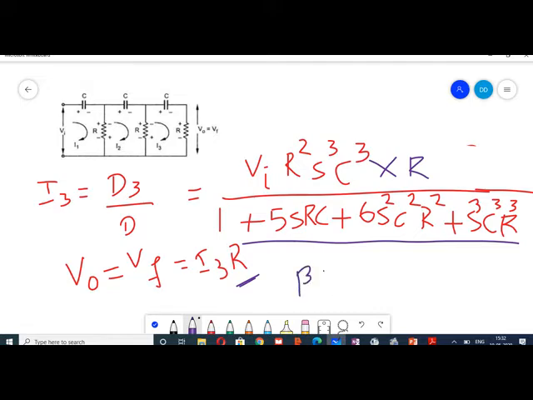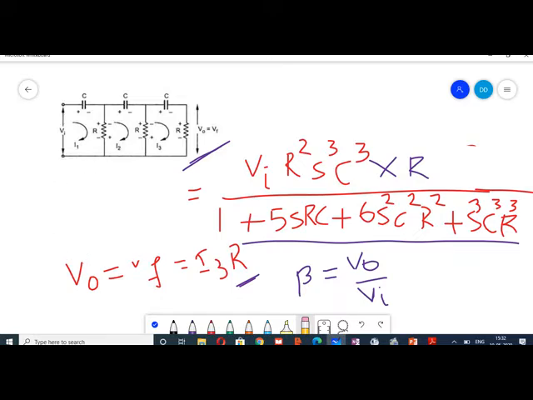So we can write beta, which is equal to V0, that is, the output of the feedback divided by the input to the feedback. Beta, which is equal to V0 by Vi, we have to write from this particular expression. See here, V0, which is equal to Vf, is this.